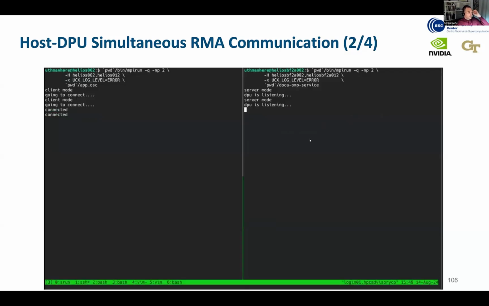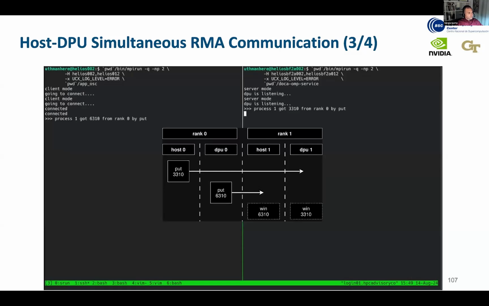Okay, then we launch our application. It connects to the server, and then we have this. We can see that here the rank 0 in the host will put this message 3310 to DPU 1, it means to the DPU in rank 1.